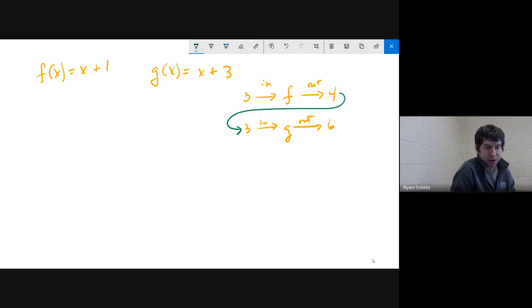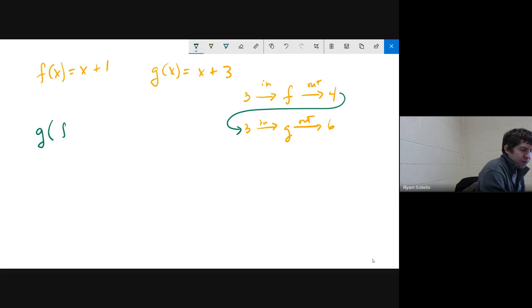A composition is when the output of one function is the input to the next one. So let's say I want g of f of 3. What does that mean? It means I first have to put 3 into f and figure out what that gives me.